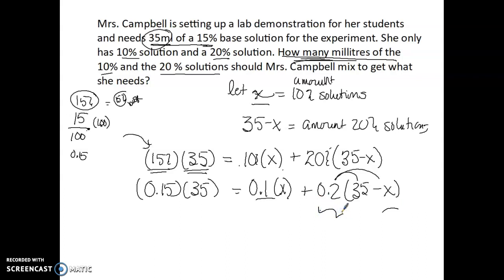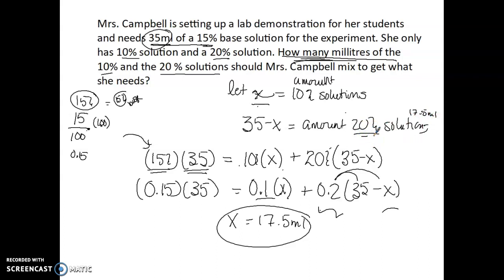You should be able to try this, maybe pause it, and get that x equals 17.5 milliliters. That's the amount of 10% solution. So to find the amount of 20% solution, you're going to subtract it. And you're going to find out that you would need 17.5 milliliters of the 20% solution.